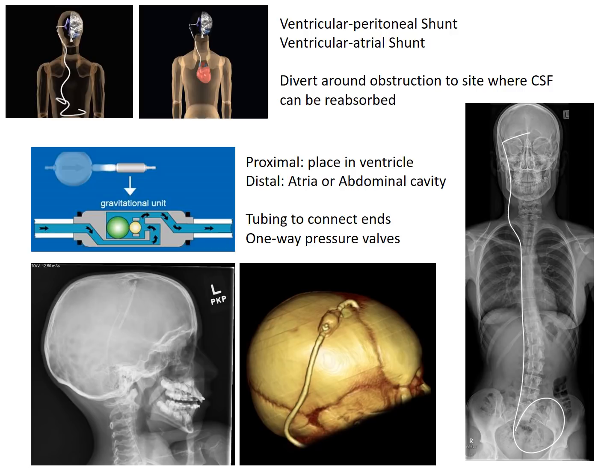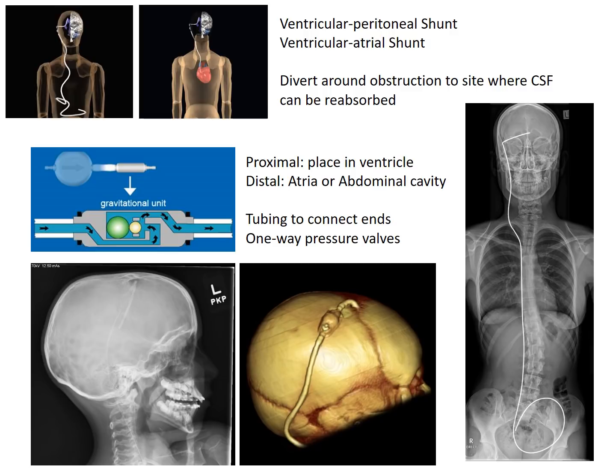Now, as pressure builds up in the ventricle, as CSF accumulates, it will open up that one-way gravitational valve, and the fluid will move out of the ventricle into the peritoneal cavity, and then that fluid will reaccumulate and be reabsorbed.